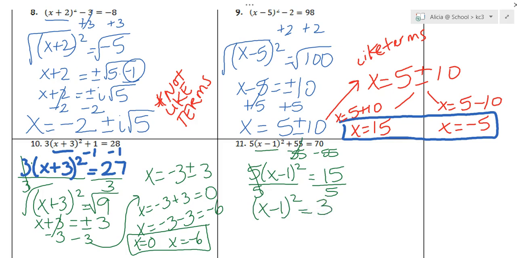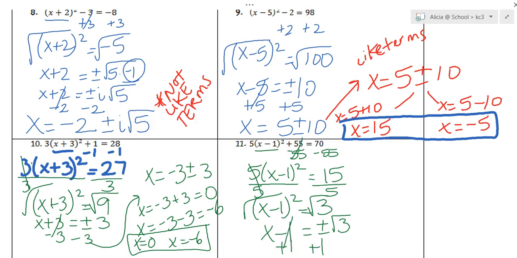I need to take the square root of both sides to get rid of that square to get my x by itself. So x minus 1 equals the square root of 3. There is no square root of 3 to simplify, but I do still need my plus or minus sign. I then add 1.